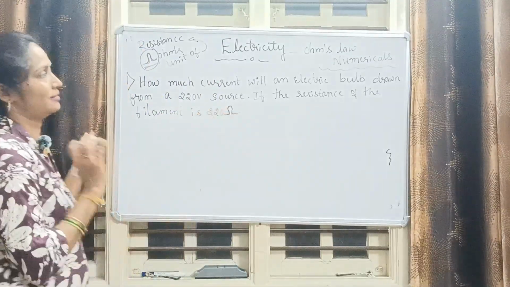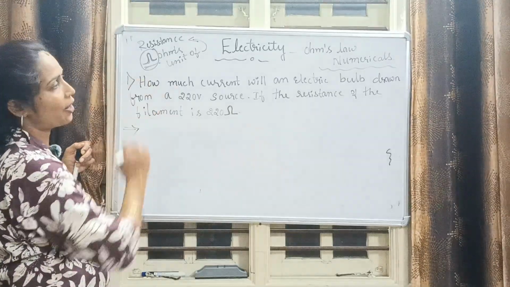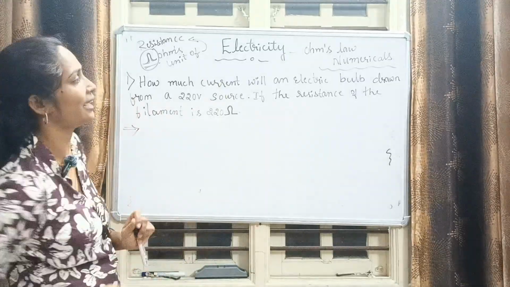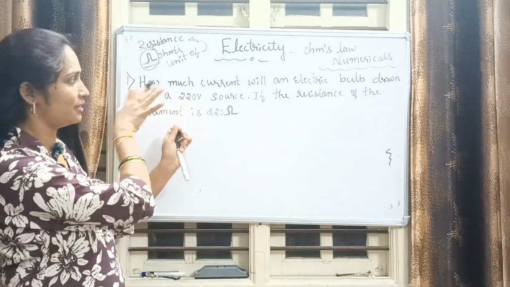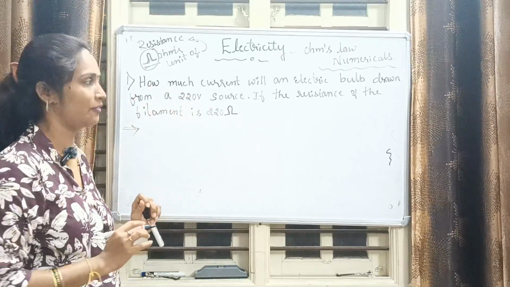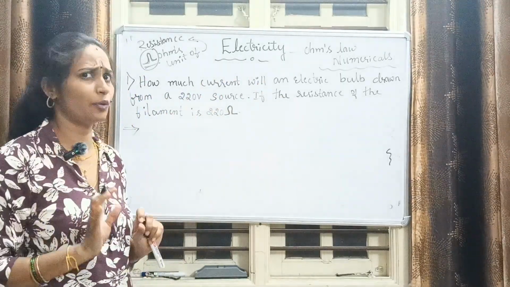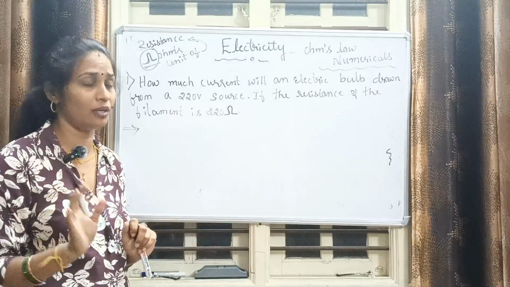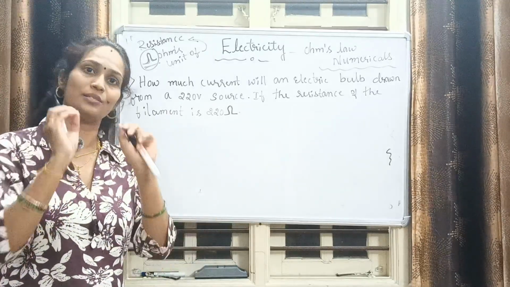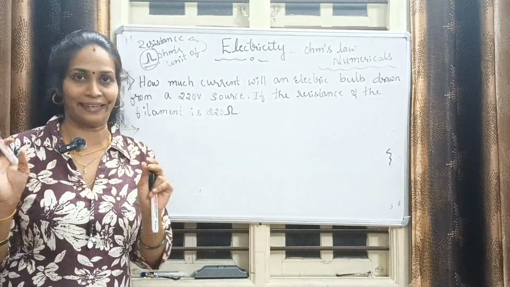Come back. They have given some information regarding an electric bulb, how much voltage is there and everything mentioned in this problem. As I told you in my previous videos, first you have to note down the given. Then it is very easy for the problem-solving techniques.